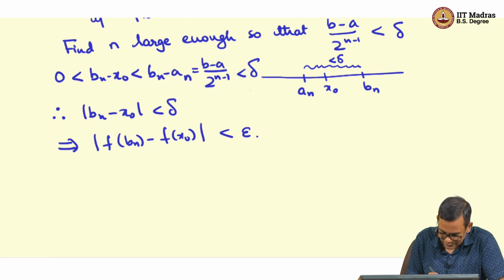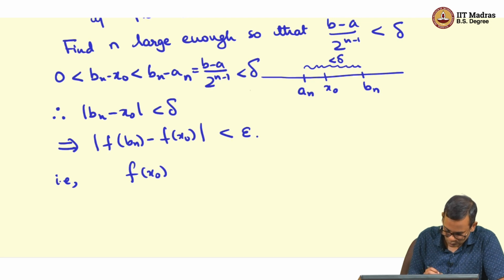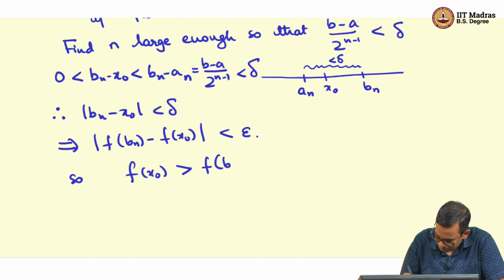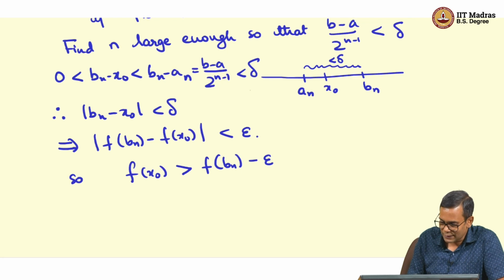We can rewrite this as saying that f of x naught lies between f of b n minus epsilon and f of b n plus epsilon. So, certainly it is greater than f of b n minus epsilon, but f of b n itself is positive.